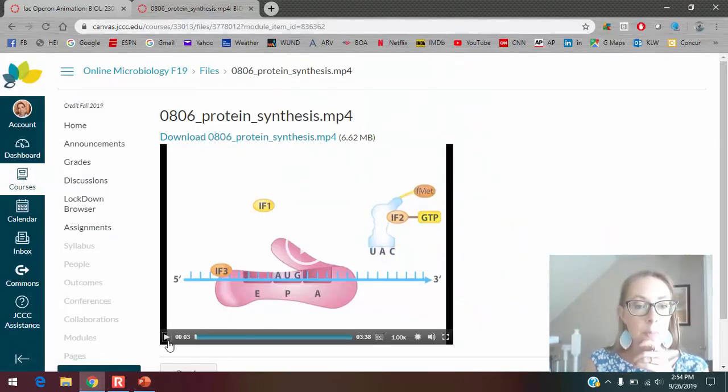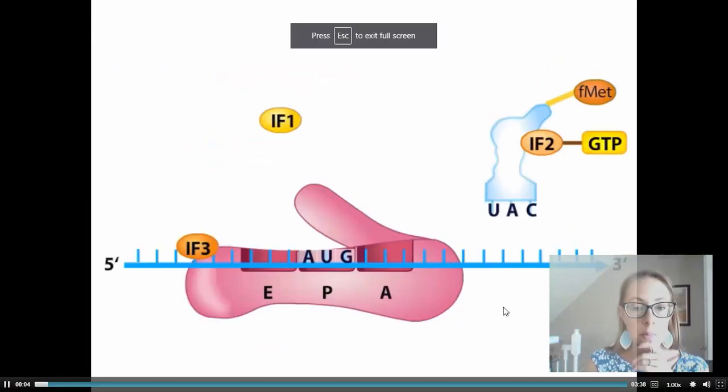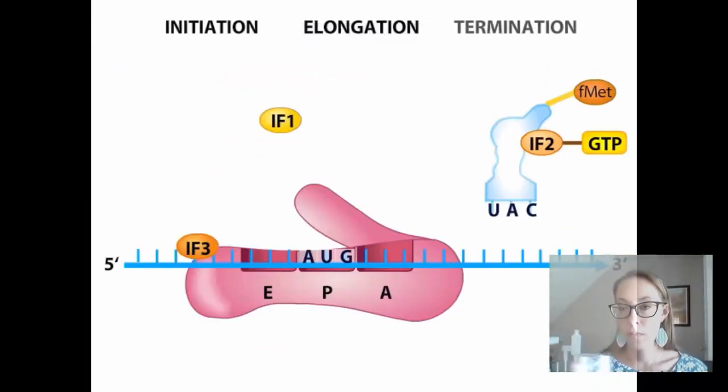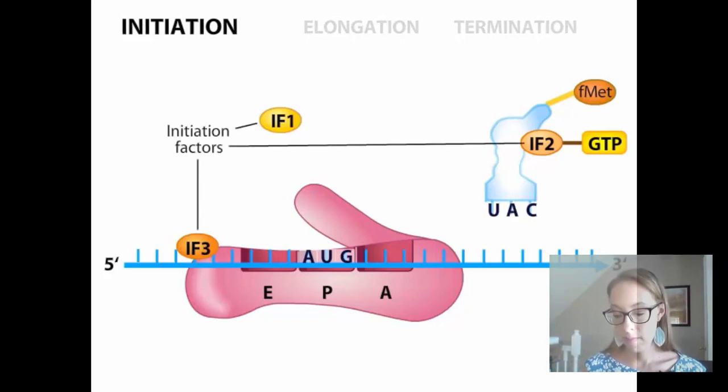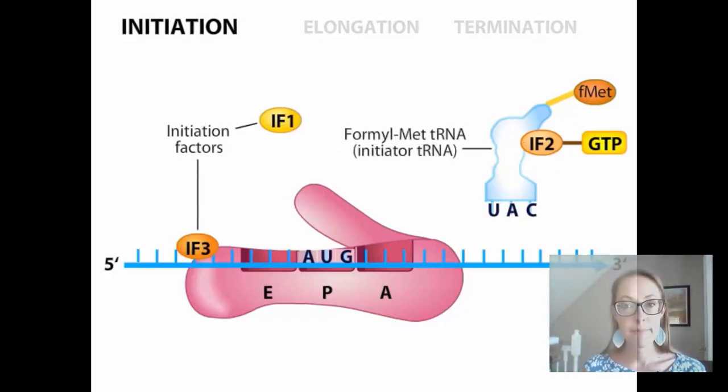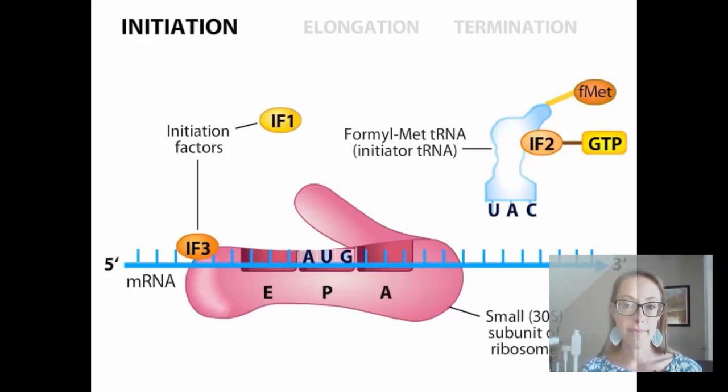Protein synthesis occurs in 3 phases: initiation, elongation, and termination. In bacteria, such as E. coli, initiation requires the association of several components: small proteins called initiation factors, the first tRNA, the mRNA to be translated, and the small subunit of the ribosome, also called the 30S subunit.